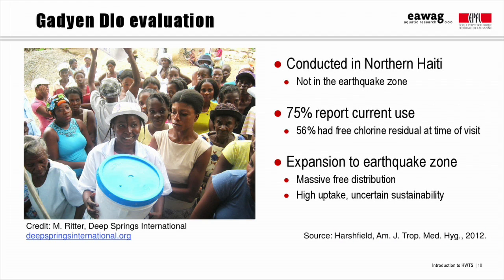The team found that 3/4 of the randomly selected households in the program area reported that they were currently using Gadyen Dlo, and 56% of these households, compared to just 10% in control areas, had free chlorine residuals between 0.2 and 2 milligrams per liter, indicating that they were applying chlorine correctly.